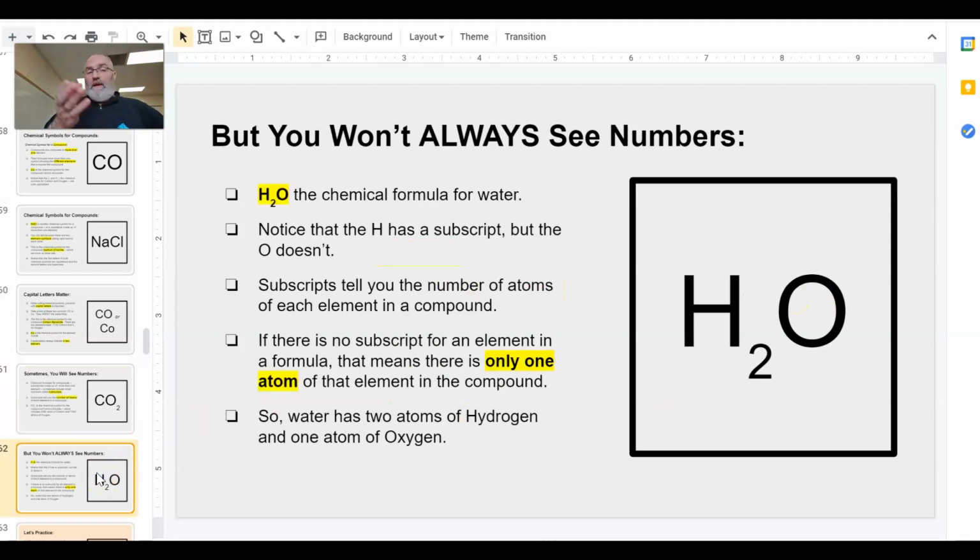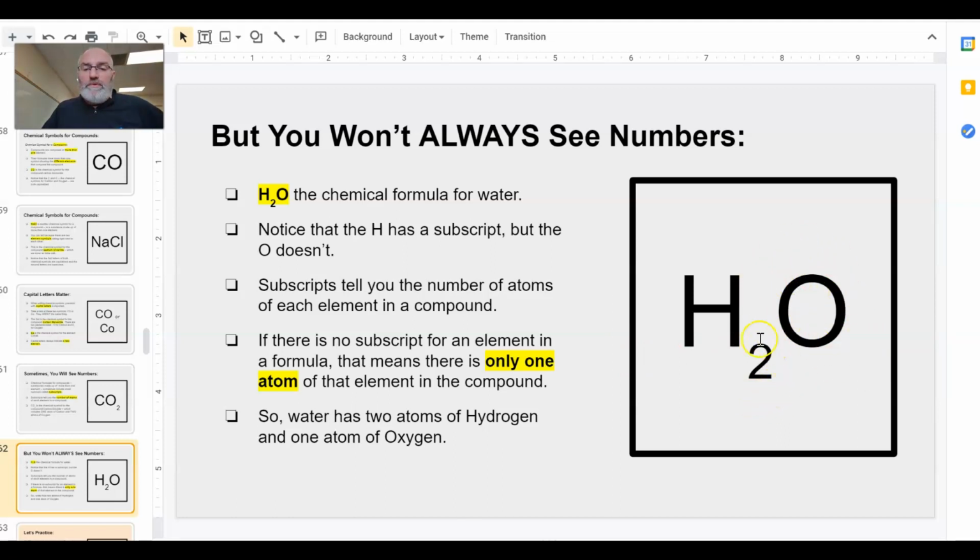Here's another example. It's one we spoke about a minute ago. It's H2O. You guys have all heard of H2O before. It's the chemical symbol for water. That's not a surprise to you. Notice that we know that there are two elements inside of this compound, and we know there are two elements because we have two capital letters. We have hydrogen in H2O, and we have oxygen in H2O.